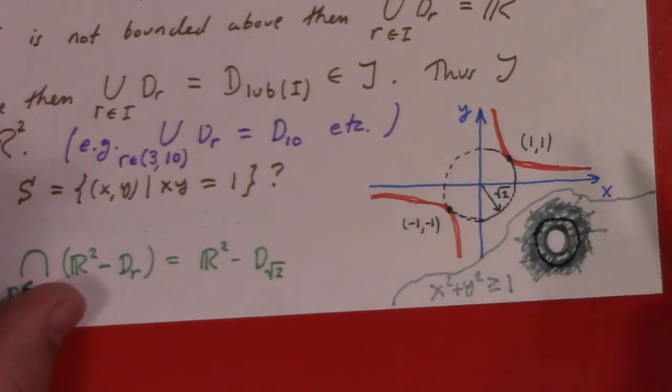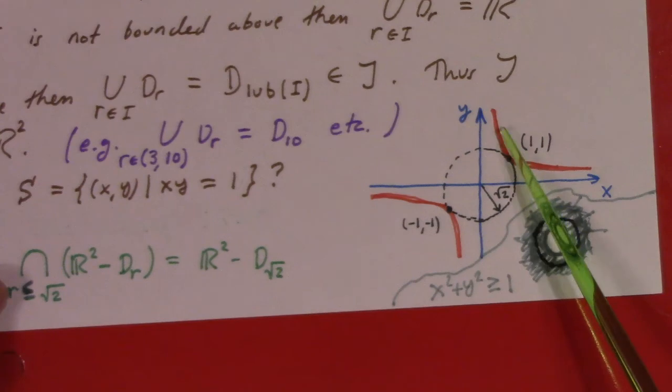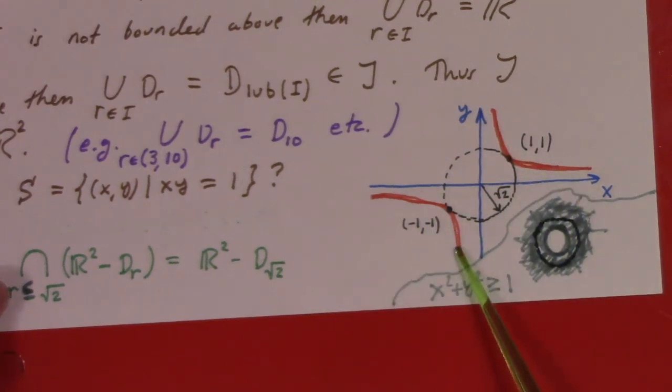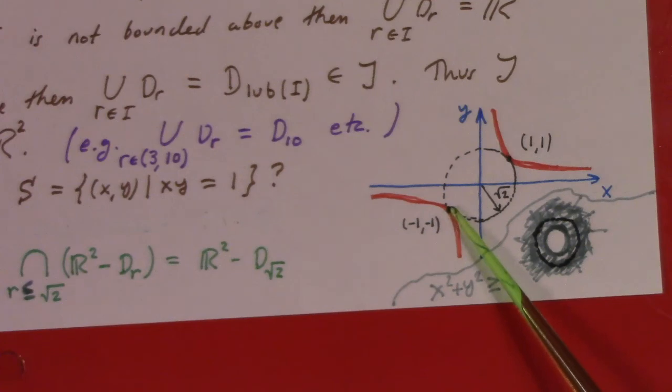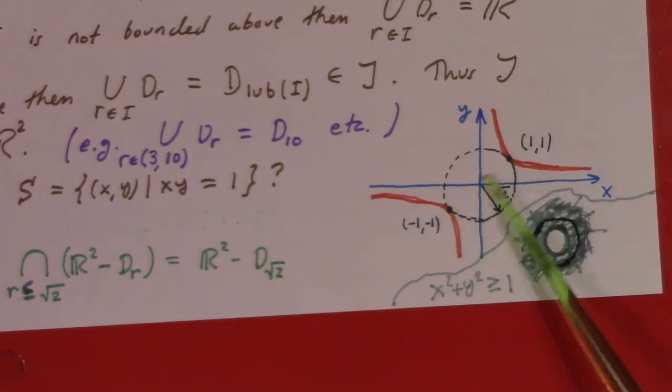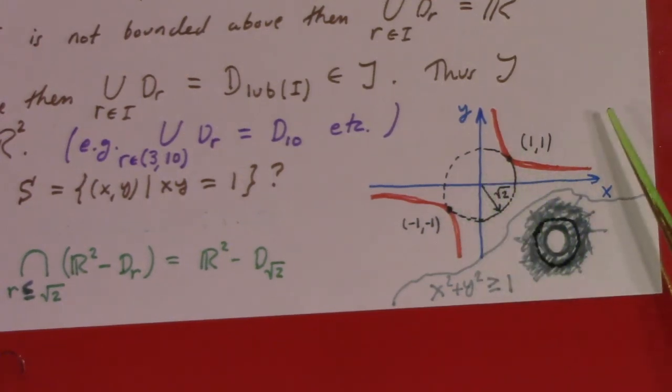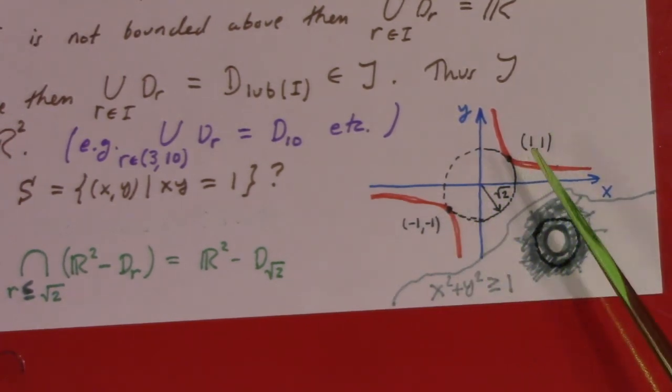You need the radius to be less than or equal to the square root of 2 in order for this closed set to contain the hyperbola. But if you think about the intersection of all the ones that contain it, the intersection is governed by the radius of the square root of 2, because that one is the closest you can get to the hyperbola without crossing over these points and losing part of the hyperbola, thus not containing the hyperbola.